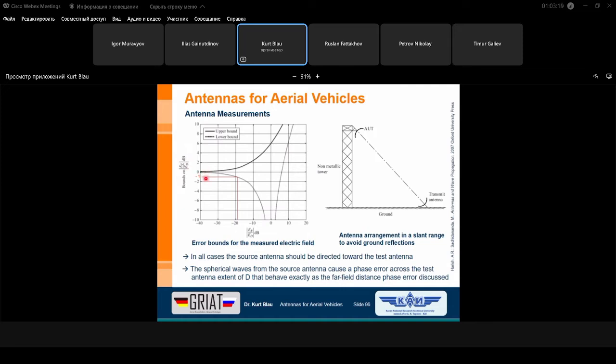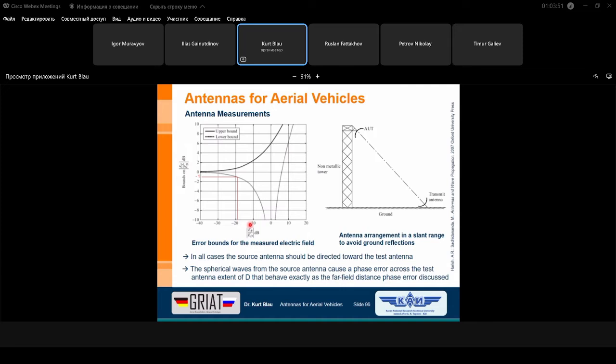So if we look, for instance, at an error of -1 dB, it's shown here, then the reflection part here, the reflected field coming from the reflection point divided by the direct field strength in dB, occurs already if this value is a little bit larger than -20 dB.